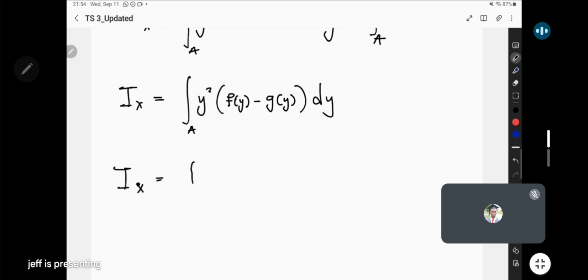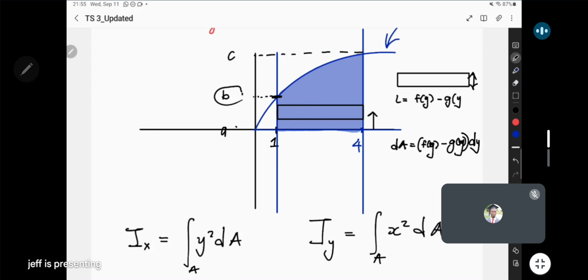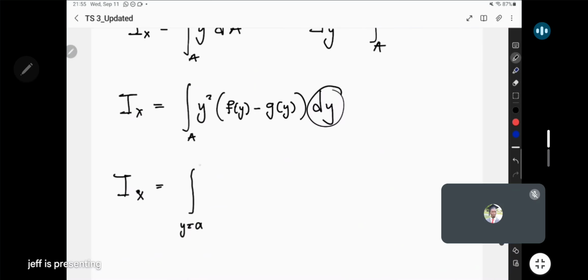since this is in terms of dy, the limits of integration will be from the smallest value of y to the maximum value of y. So we'll start from when y is equal to a, and then the swap occurs when y is equal to b. So I'll go up to b first.